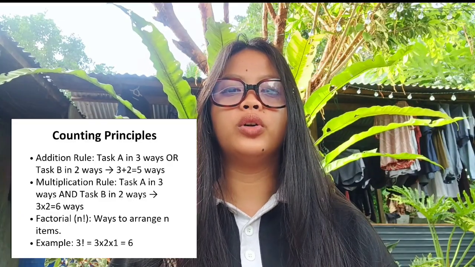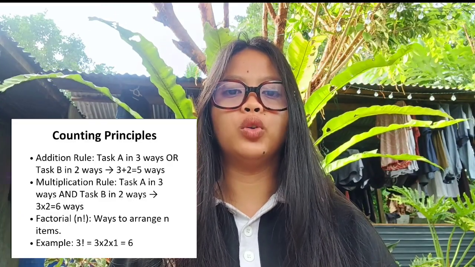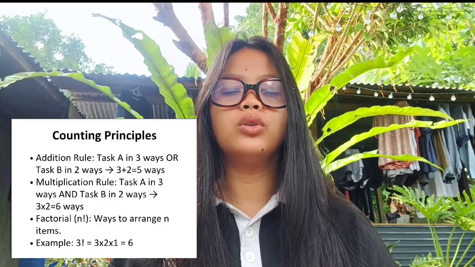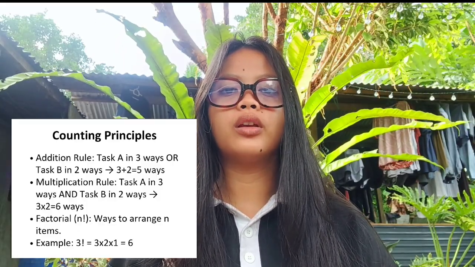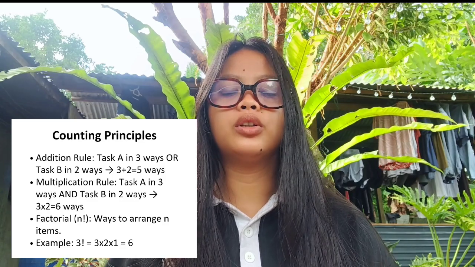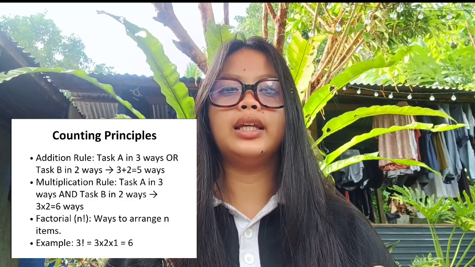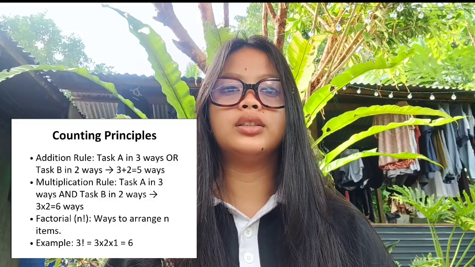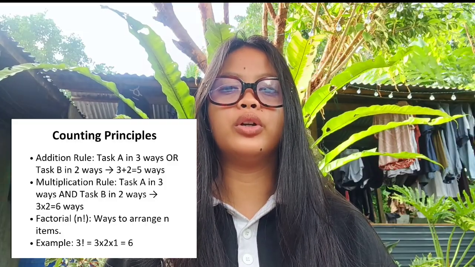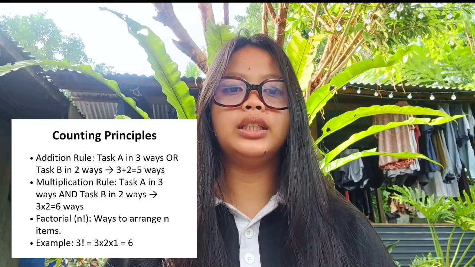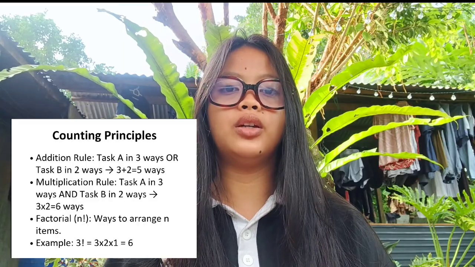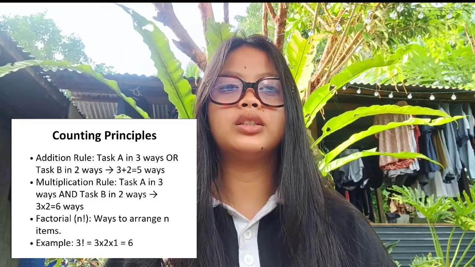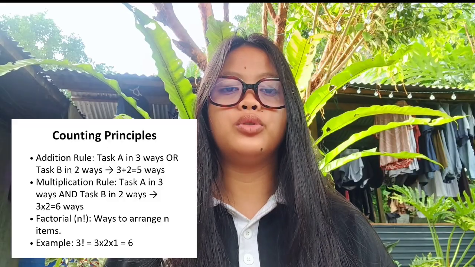The fourth one is counting principles. Addition rule: if you can do task A in 3 ways or task B in 2 ways, the total is 3 plus 2 equals 5. For example, choosing tea from 3 types of tea or coffee from 2 types of coffee, that's 5 choices.